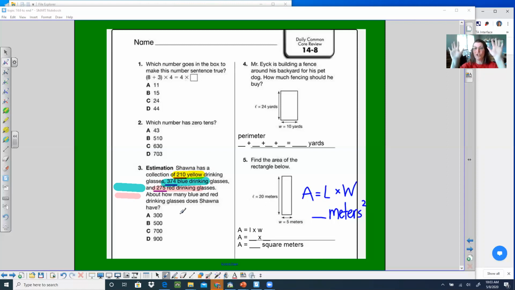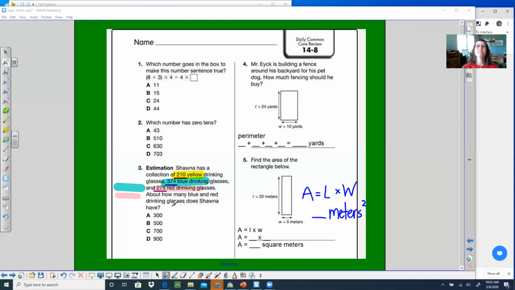So we want to shove that to the next 100. Okay, 275, 5 or above, give it a shove. 4 below, let it go. A 7 needs to get shoved to the next hundreds place. Then it says, about how many of those two does she have together, you want to add. Make sure you show your work.